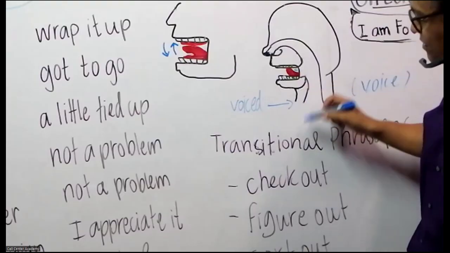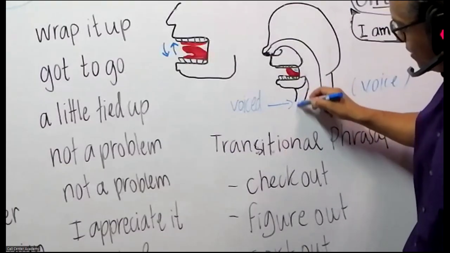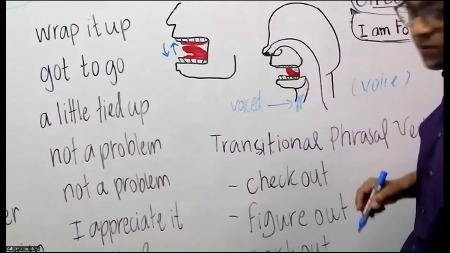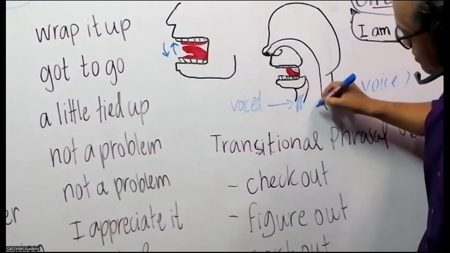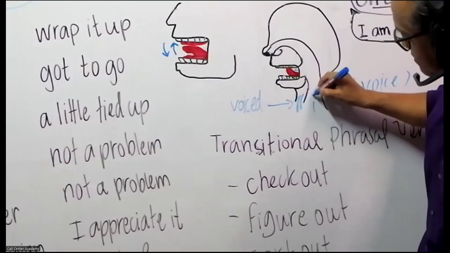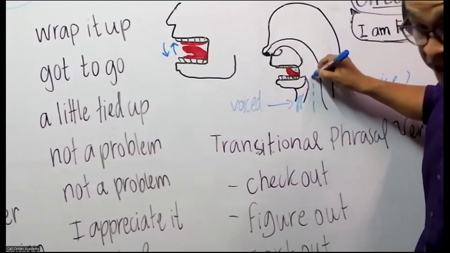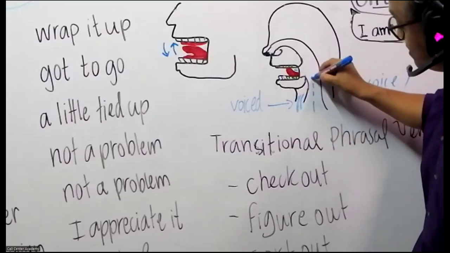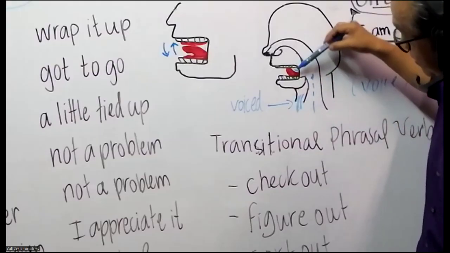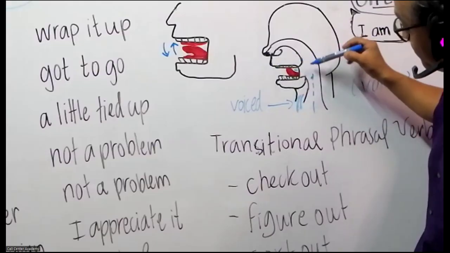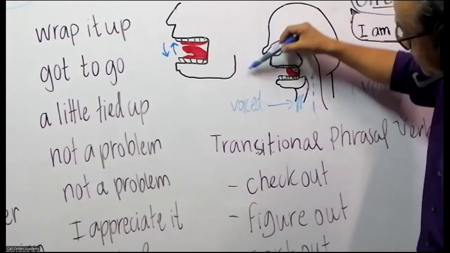These sounds are produced here in your vocal cords. They start their journey here in your vocal cords, and the air can either go through the mouth or leave through the nose.